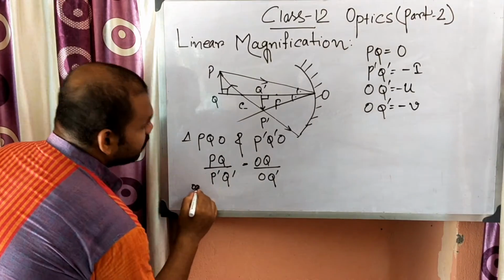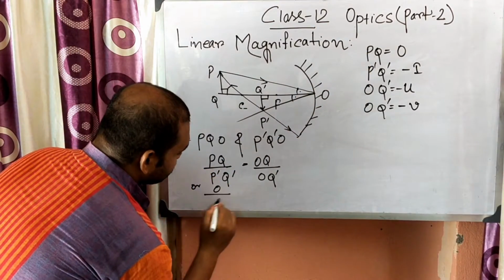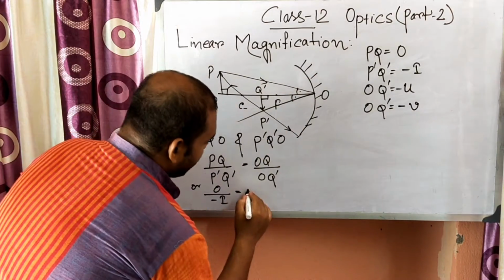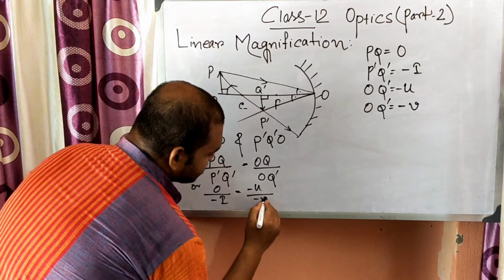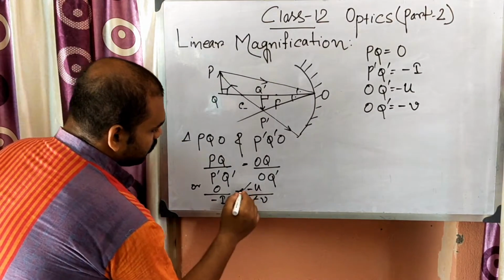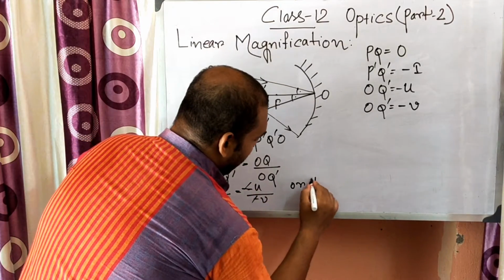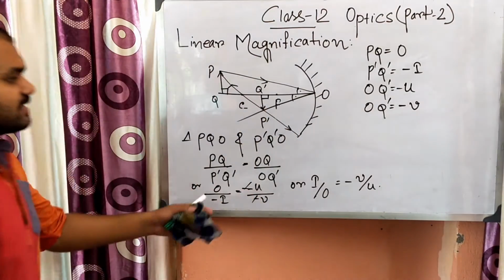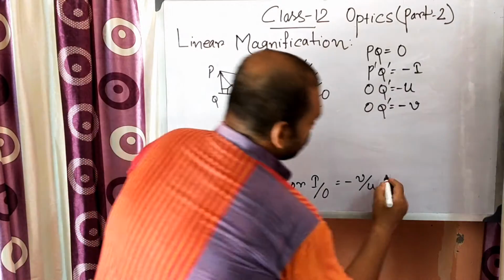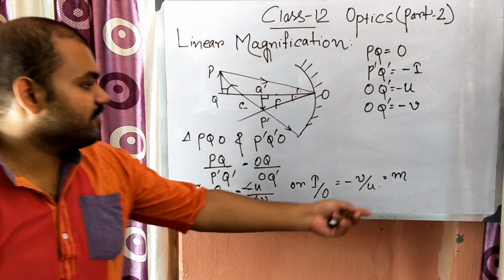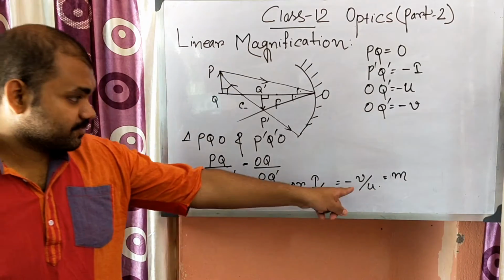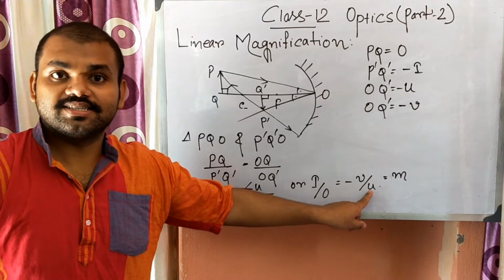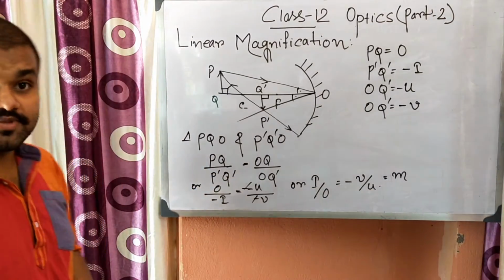Now put the values. PQ is O, P prime Q prime is minus I, OQ is minus U, and OQ prime is minus V. So the minus signs cancel out, and we get I by O is equal to minus V by U. So linear magnification is the ratio of the image distance to the object distance, and the sign is negative.